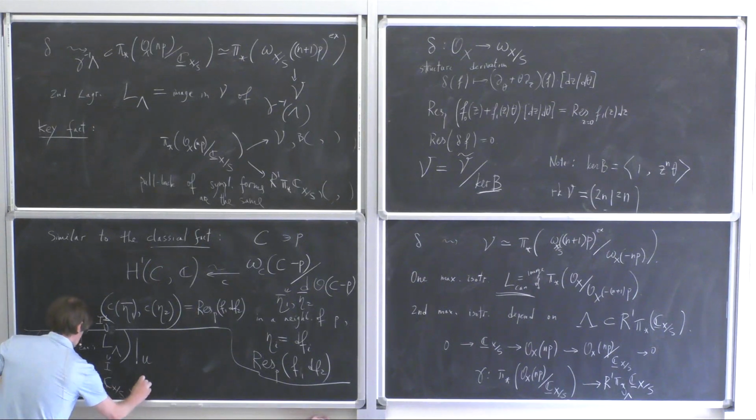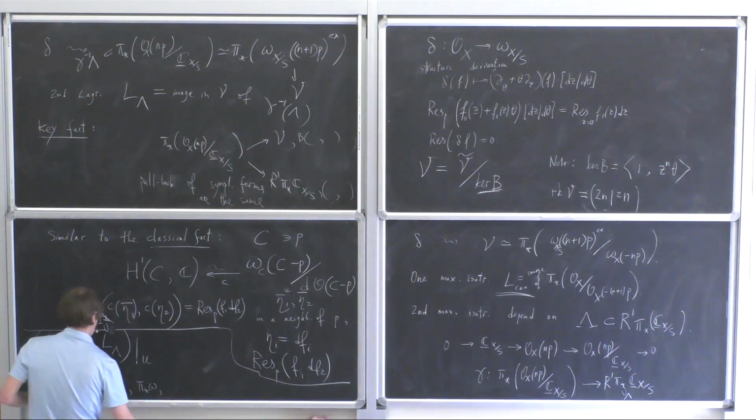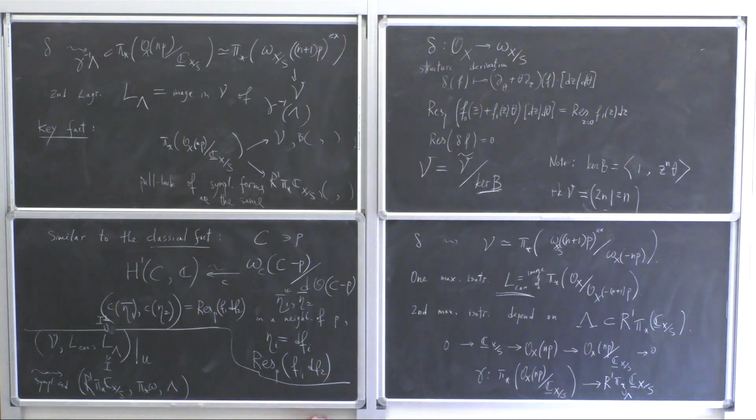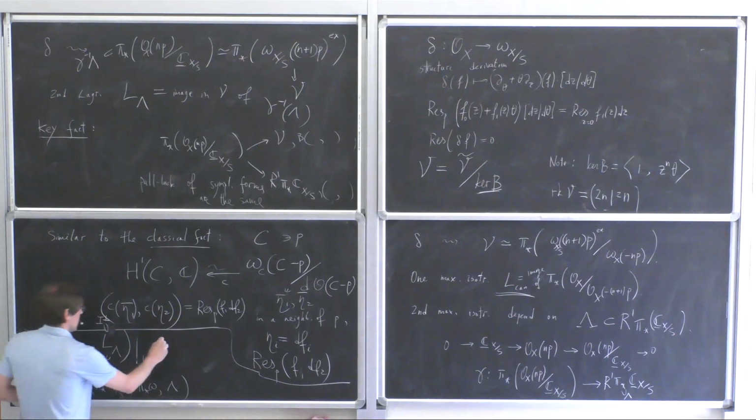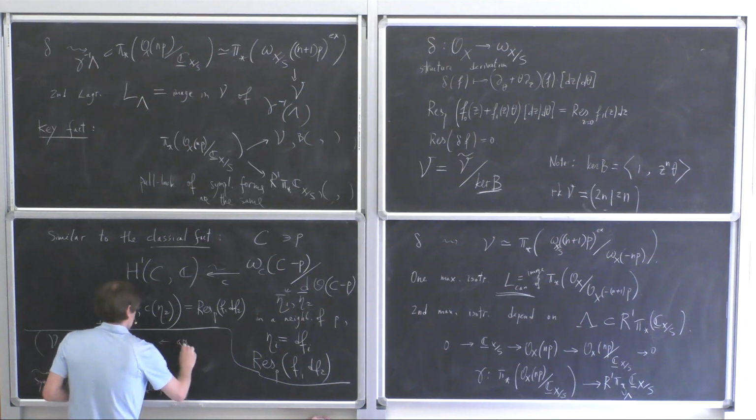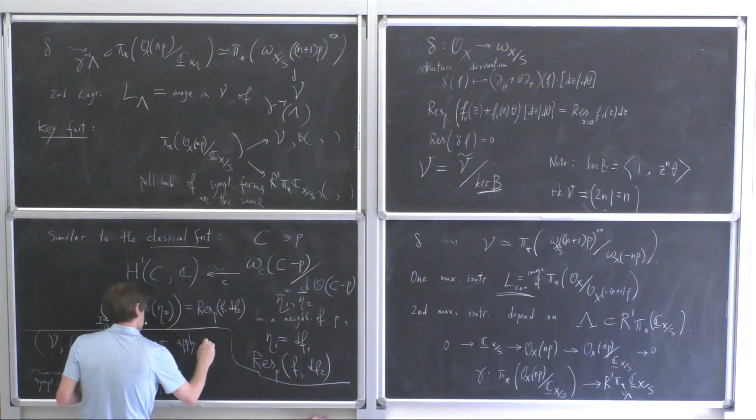The first one will be pi star of omega, and the second one will be lambda. And one can check that this construction of the function theta is preserved under this reduction. So whatever I prove for this function here will also hold here. And then here I just apply the abstract result, so apply this isotropic intersection theorem.